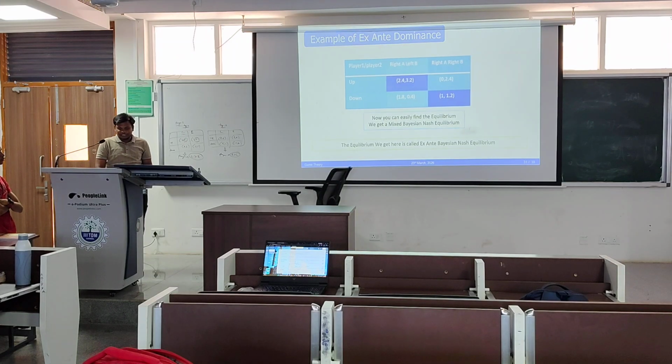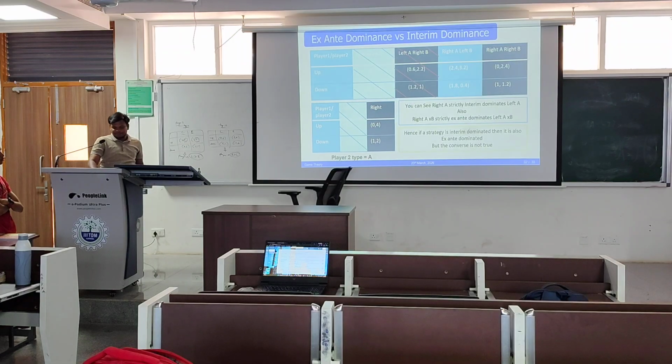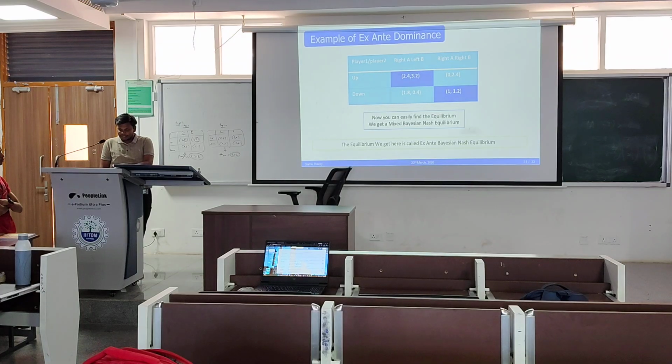Left A is always strictly dominated. See, right A strictly interim dominates left A. We got this in the A type game. So wherever there is right A, right A, left B, and right A, right B always dominates left A. That is why we were getting this thing.